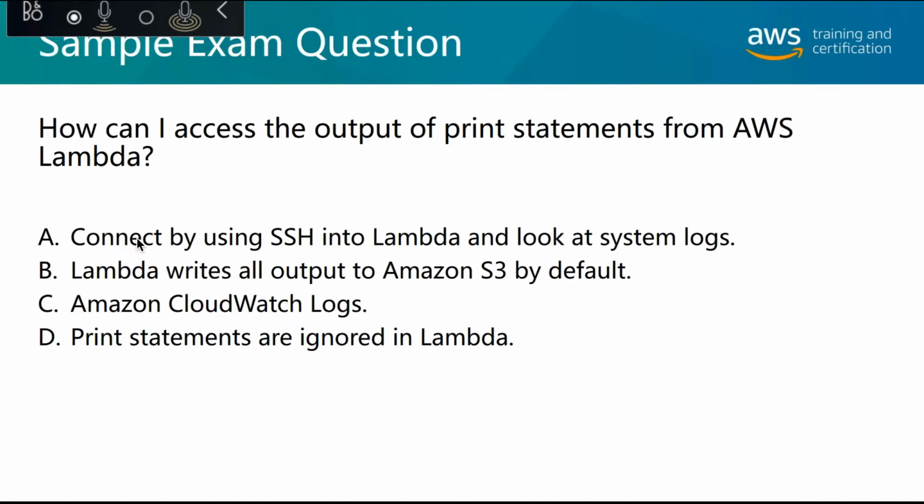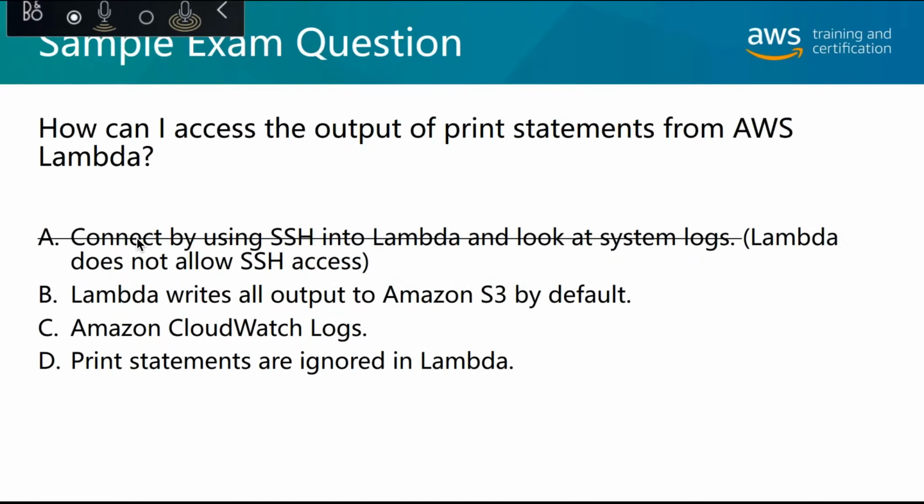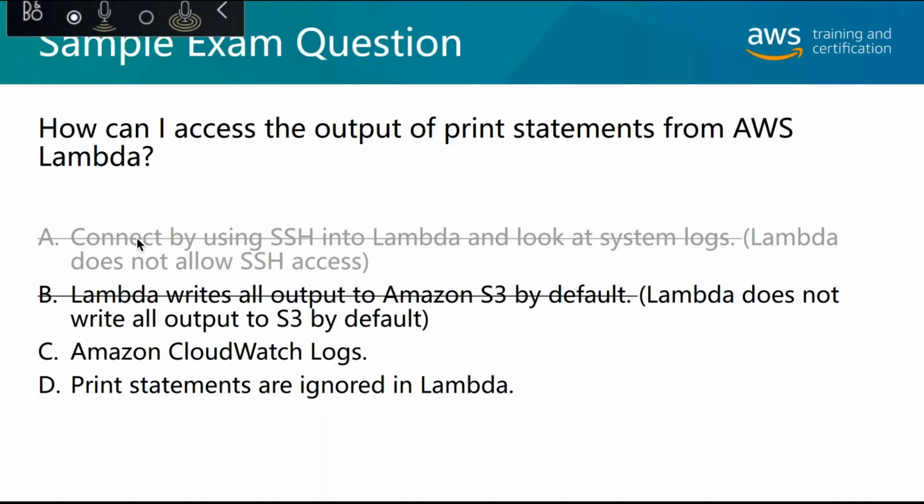Let's take a look at an exam question. How can I access the output of the print statement for the AWS Lambda? So you do not connect to Lambda. Lambda is serverless. You are not managing the infrastructure. There is no EC2. And you cannot connect to the backend that AWS has for you. So you cannot connect by using SSH.